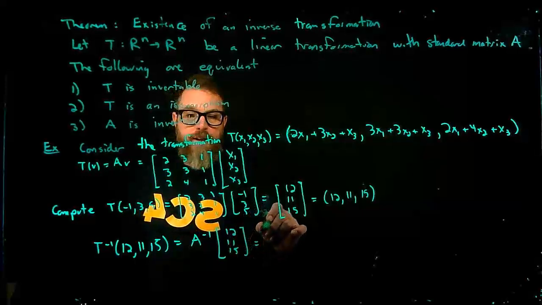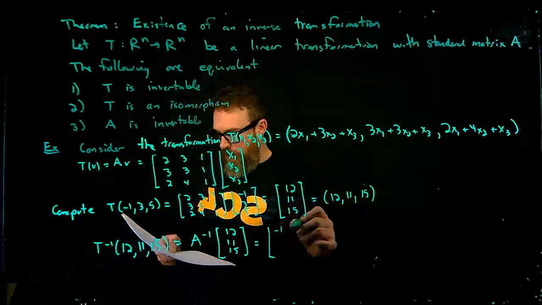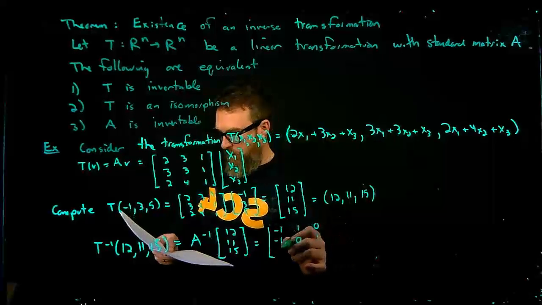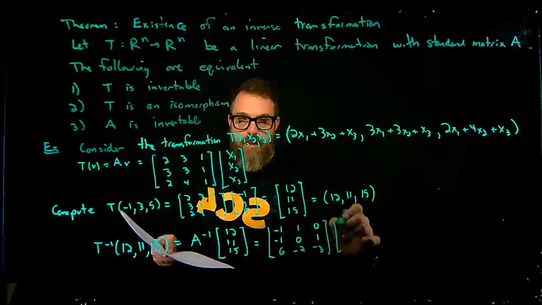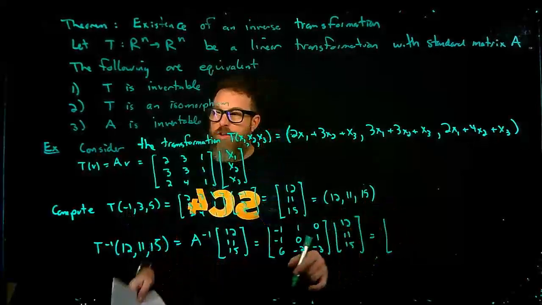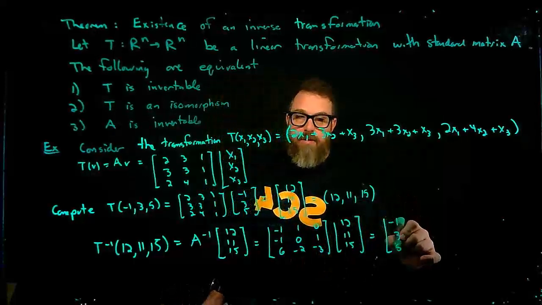And we can find A inverse; we have a multitude of ways to do that. I just used my calculator and asked it to compute an inverse, and A inverse ends up being this matrix right here. If I multiply this by 12, 11, 15, I'll indeed get back the original pre-image of -1, 3, 5.